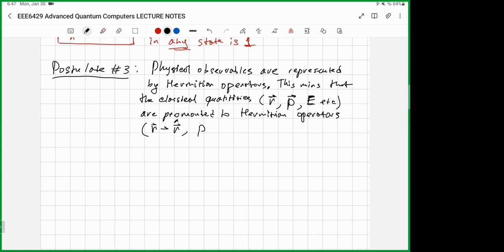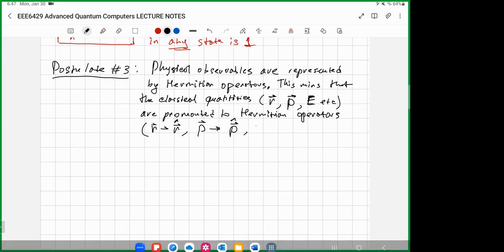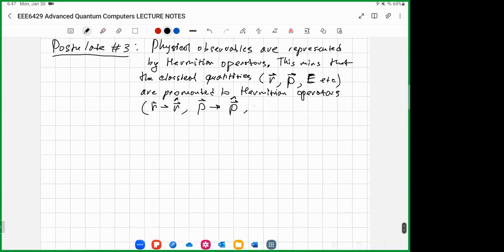The classical momentum we promote to the Hermitian operator, P operator. Very important point, energy. We promote this to the Hamiltonian operator. We denote it by H hat, etc., etc.